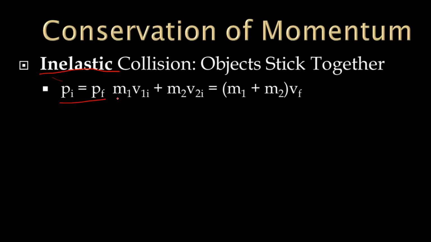To figure out our initial momentum, we'll still add up the momentum of each of the individual objects involved. But you can see here our final momentum will be the final mass times a single final velocity. Why is that? If they stick together, the final velocity of object 1 is going to be equal to the final velocity of object 2, and we'll just call that the final velocity.